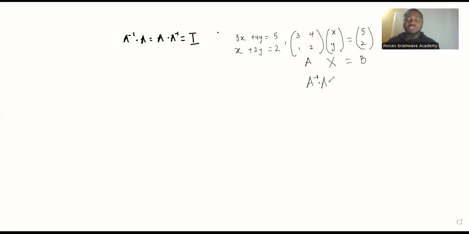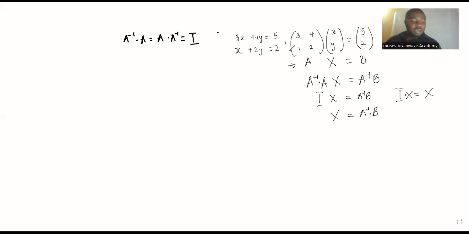If I multiply it over here, I'm going to do likewise to this part. So I have A inverse B. Now, this gives me the identity matrix. Remember that the identity matrix multiplying any matrix is going to be that matrix. So X is just A inverse multiplied by B.